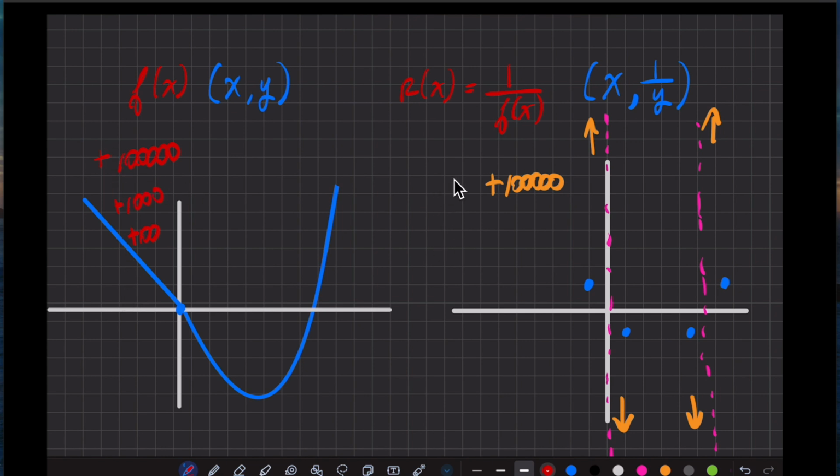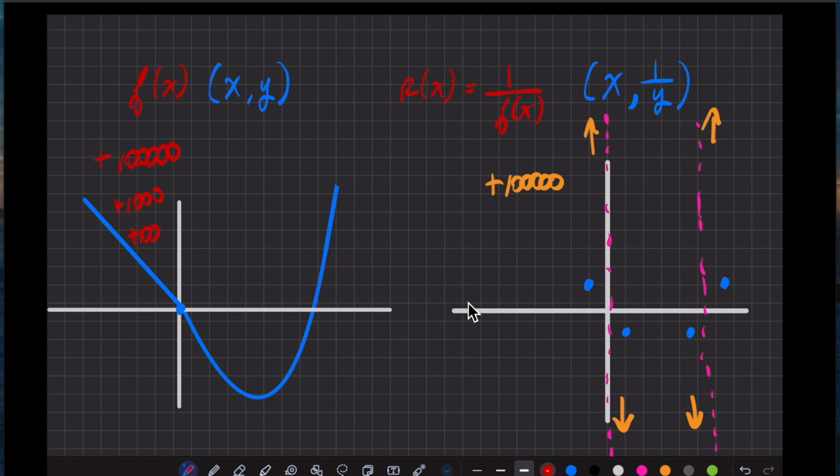What's going to happen on the left end of our reciprocal graph? It's going to be the reciprocal of that. So as we move to the left, our graph is going to be at 1 over 100. Then we're going to go further, 1 over 1,000, 1 over a million. We're approaching 0.